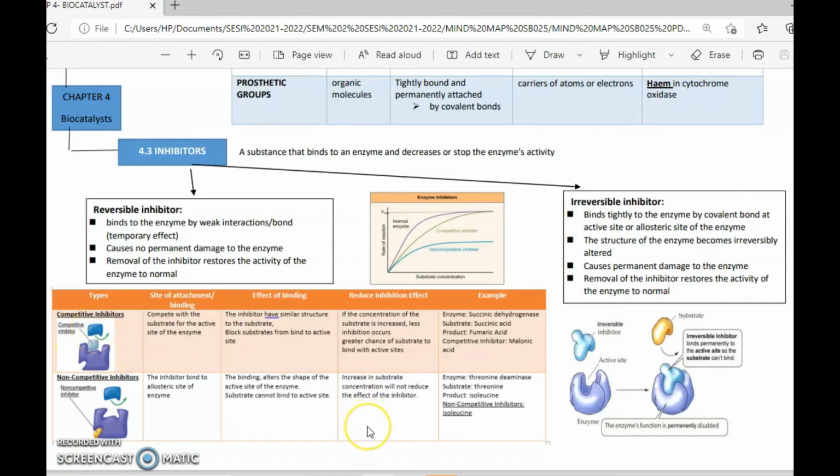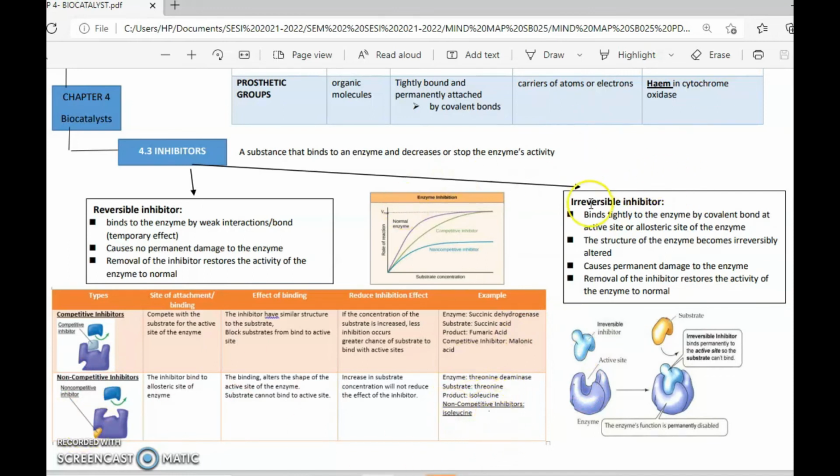But for a non-competitive inhibitor, increasing the substrate concentration will not help. Even if we add a lot of substrate, it will not reduce the effect of the inhibitor. An example of a competitive inhibitor is malonic acid, and for a non-competitive inhibitor, isoleucine.